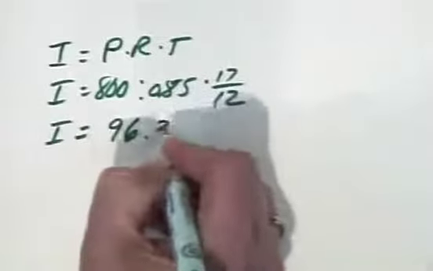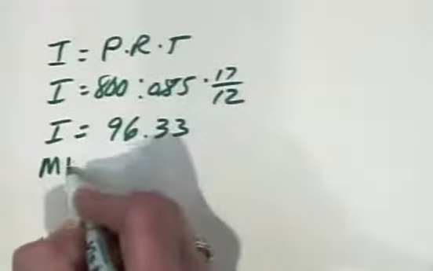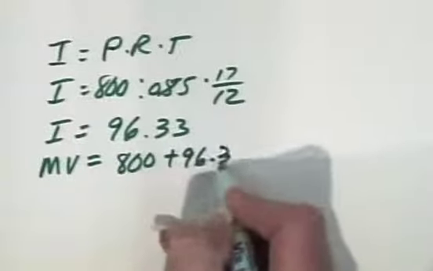And we're going to round that to the nearest cent, so we're going to call it $96.33. Maturity value then will equal the 800 plus the 96.33.